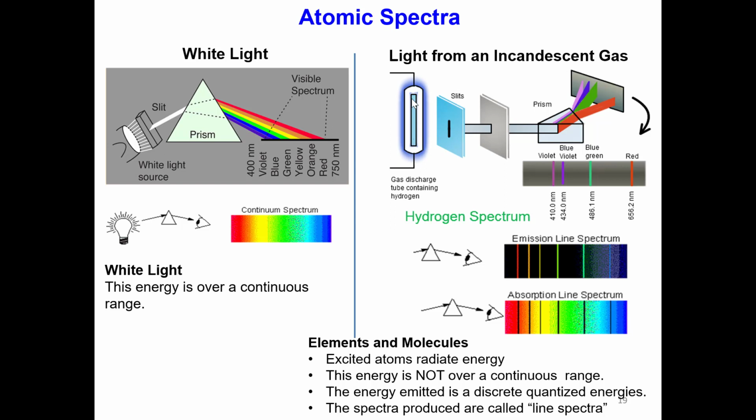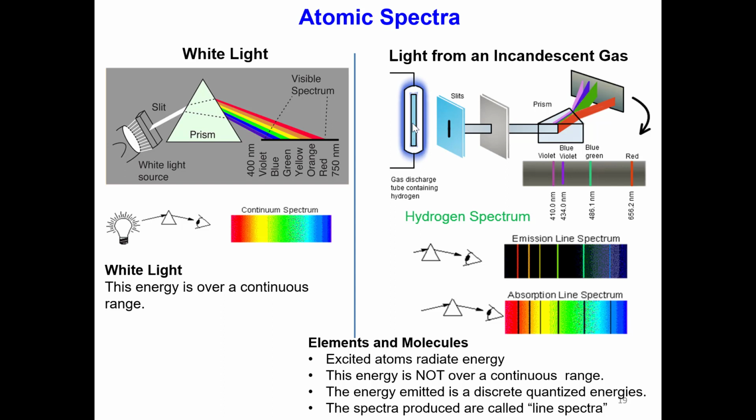Here we have a tube, and inside the tube we have some gas, for example hydrogen. It can be helium, mercury, or even a compound like carbon dioxide. Now, if we apply high voltage to this tube, then the electrons inside are going to be excited.